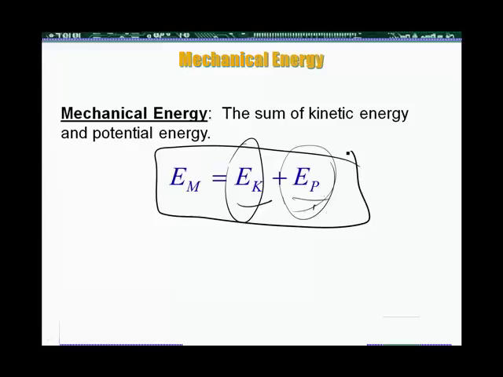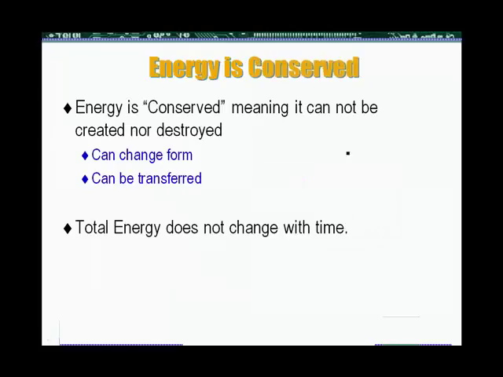Now, what's the importance of mechanical energy? It is the law of conservation of energy. We know that the law of conservation of energy says that energy can change form, it can be transferred, but it cannot be created or destroyed. Total energy does not change with time.